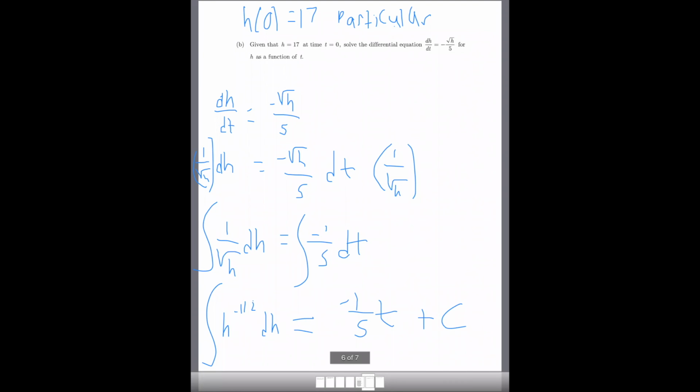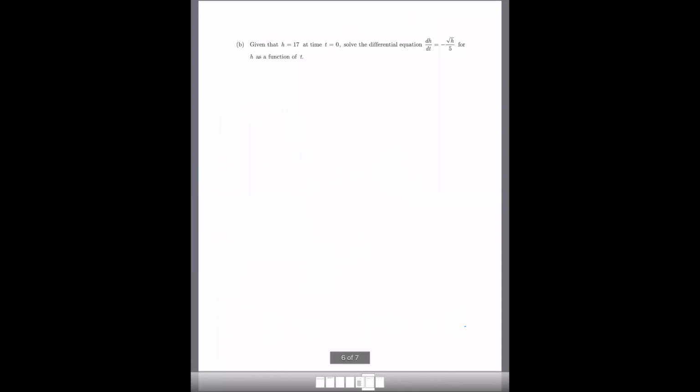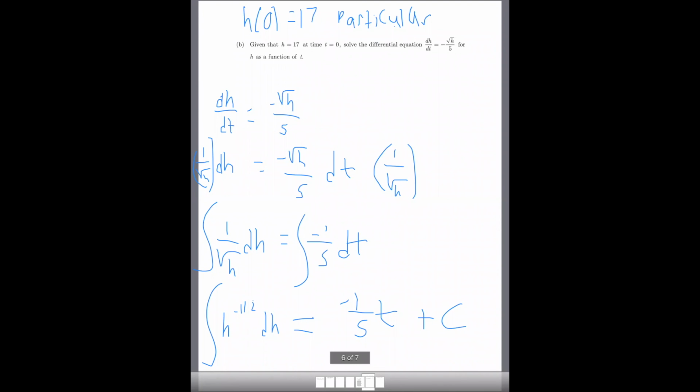To continue, I'm going to clear the steps that I did at the beginning, just so you can see the process still. So the integral of h to the -1/2 becomes h to the 1/2, because you're adding 1, and -1/2 plus 1 is 1/2, over 1/2.